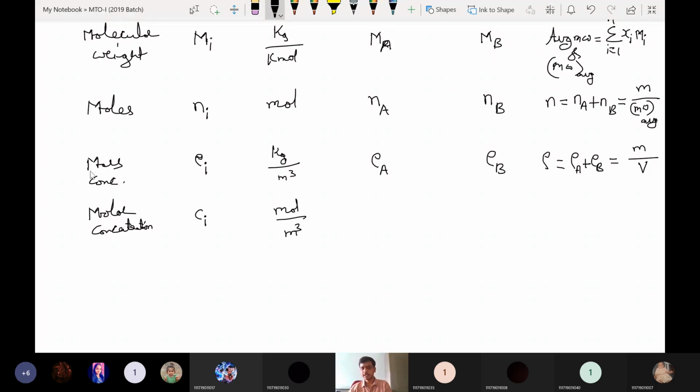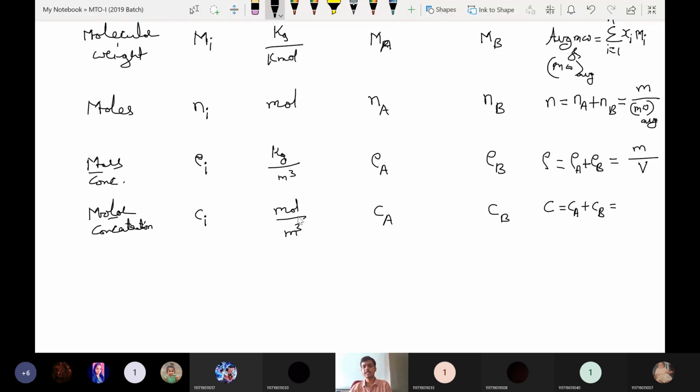So just remember, if this is a mass concentration, then only the numerator will be different, kg. If this is a molar concentration, then in the numerator it will be mole per meter cube. This is the normal concentration only. For component A, it will be denoted by C subscript capital A. Then for component B, it is C subscript capital B. Then for the total concentration, C is equal to the sum of the individual concentrations, Ca plus Cb.